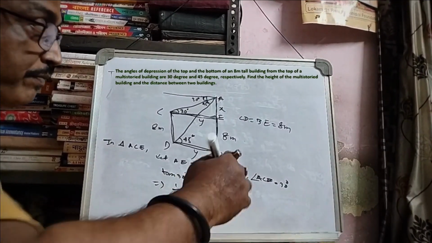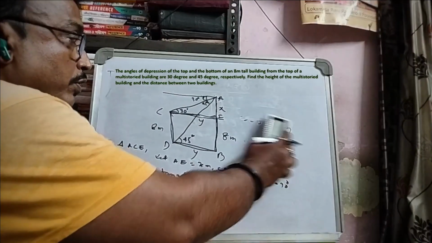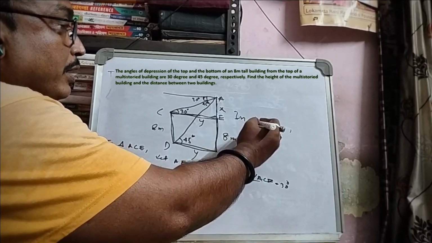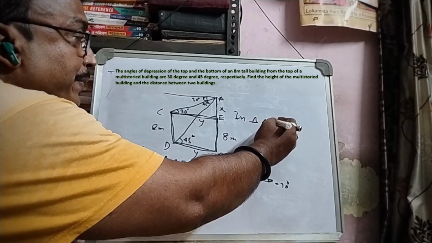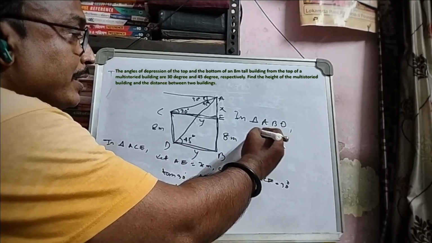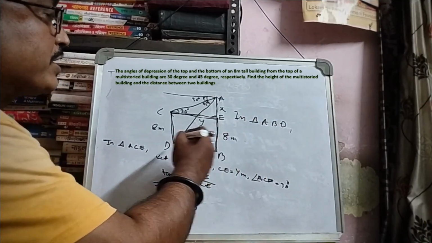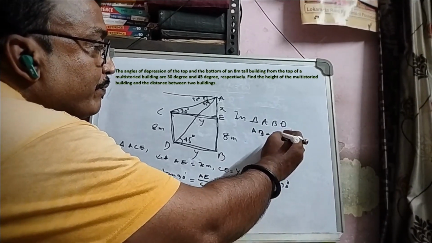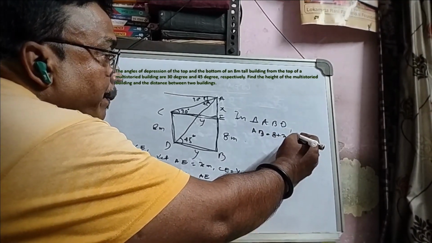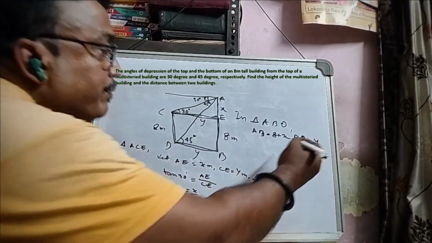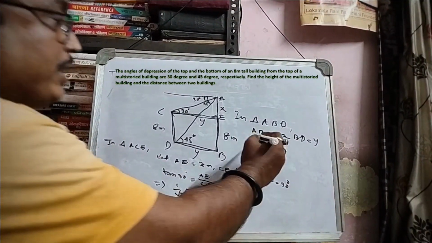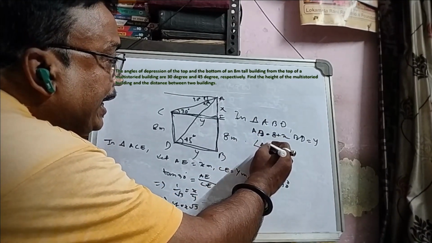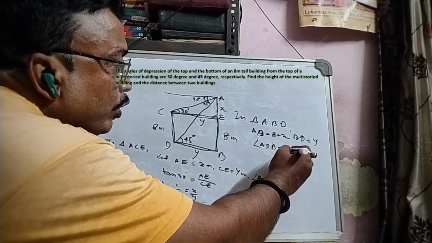Now we will take the triangle ABD. In the same way, perpendicular by base. Here AB is equal to 8 plus x, BD is equal to y, and angle ADB is equal to 45 degree.